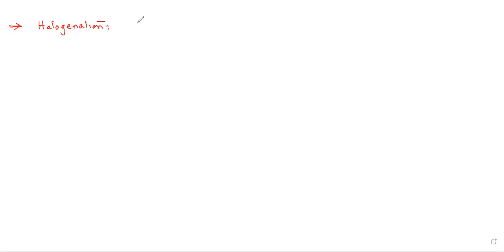What is halogenation? See, in this, a weaker electrophile H plus is replaced by X plus, nothing but halonium ion.